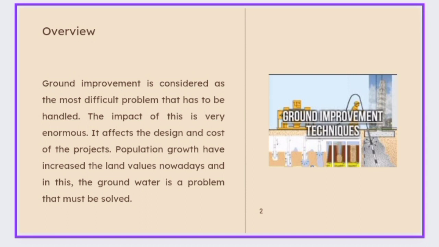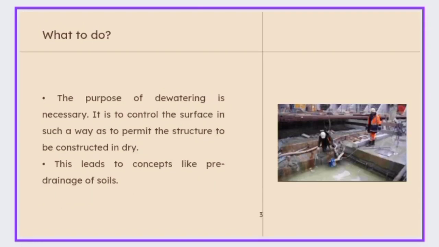The current trends of population growth have increased land values, creating demand for development of sites which were previously considered unsuitable. Often, groundwater is a problem that must be solved. The purpose of dewatering is to control the surface and subsurface hydrologic environment to permit the structure to be constructed in the dry.